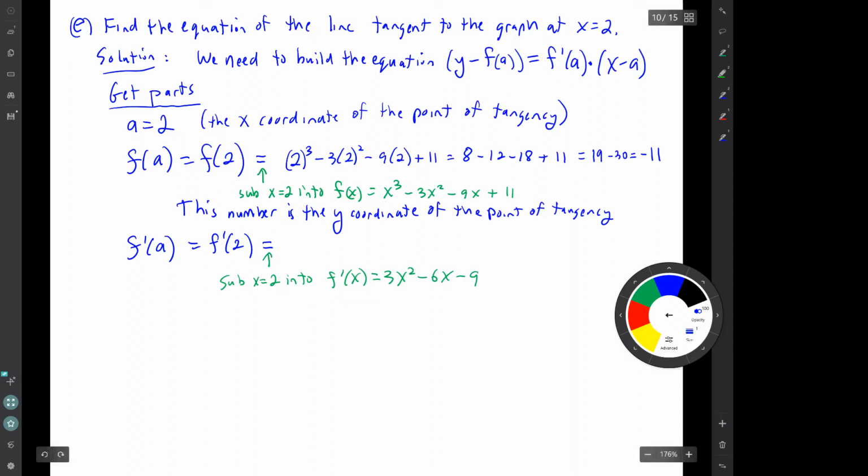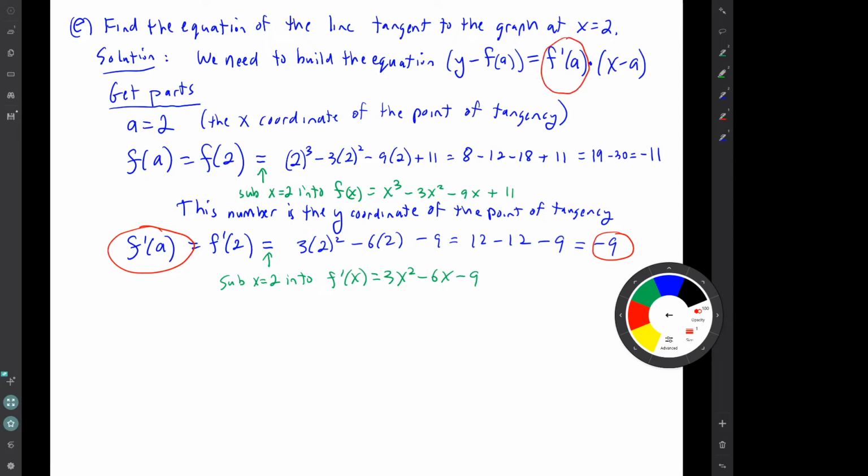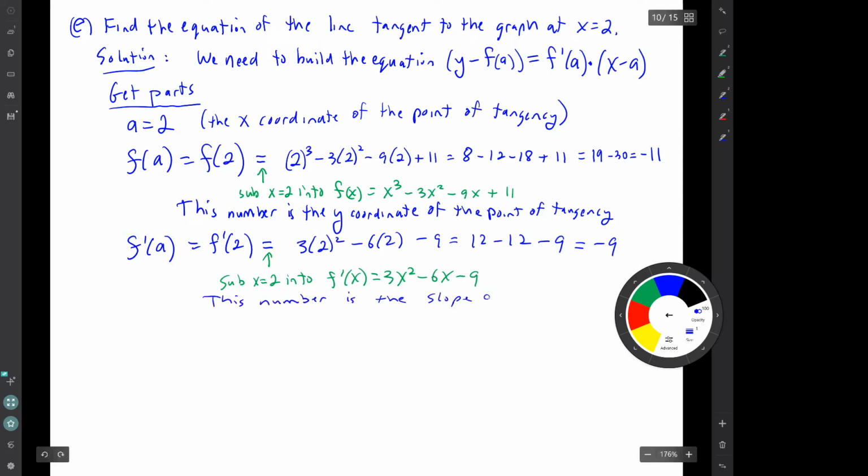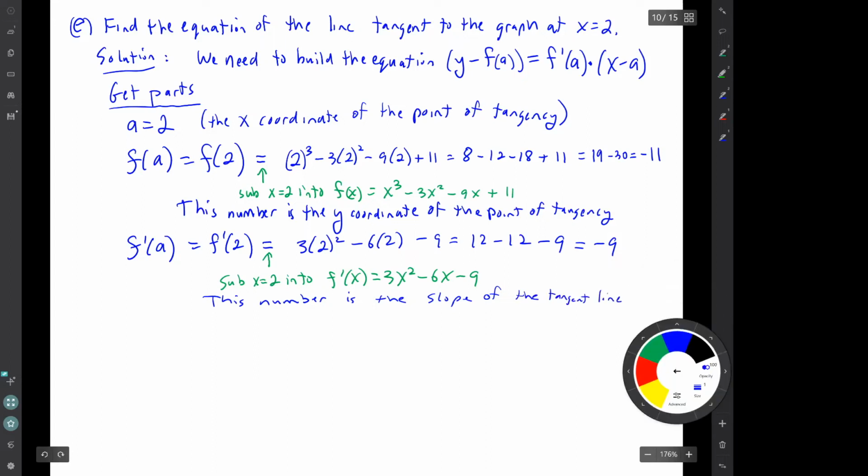So when we substitute x equals 2 into that formula, we get the following. So the value of f prime of a is the number -9. That's what's going to go into that spot in the equation. And remember the meaning. That's the slope of the tangent line. So we've got the parts. Now we substitute the parts into the equation.